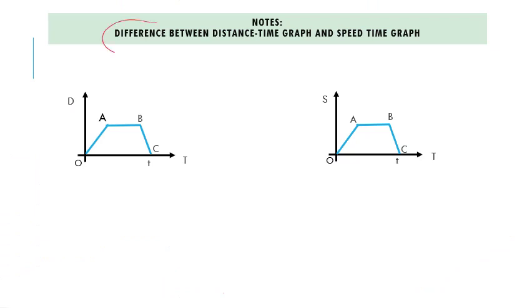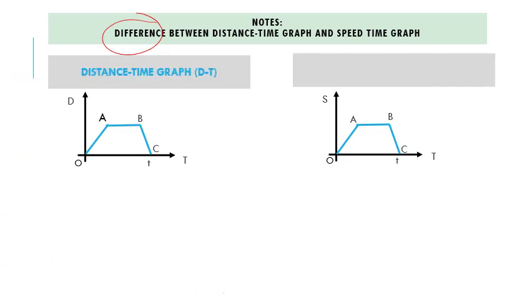Okay, let's see the difference between the distance time graph and also the speed time graph. For distance time graph, the y-axis is distance. Normally the unit is kilometer or meter, and for the time, when kilometer, the partner is hour, and if meter, it will use seconds.